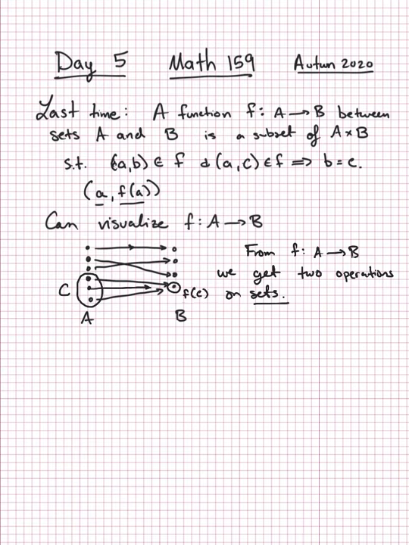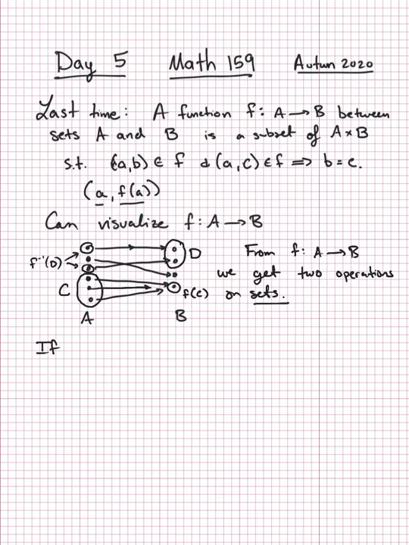Or I might look at, say, this is my D, so D is a subset of B, and then I can look at the things that get mapped into D by f. So here it would be these 2 points, and a notation here is f inverse of D.